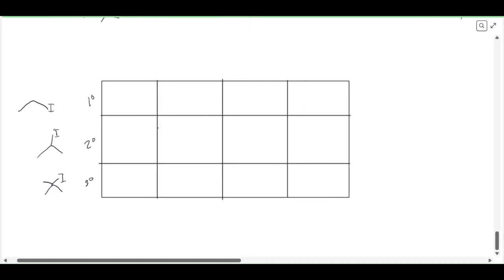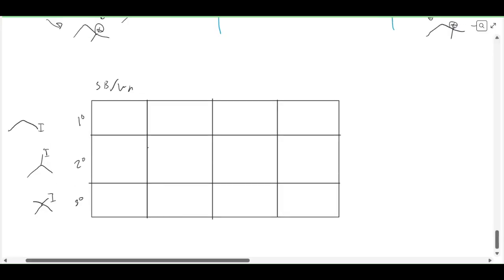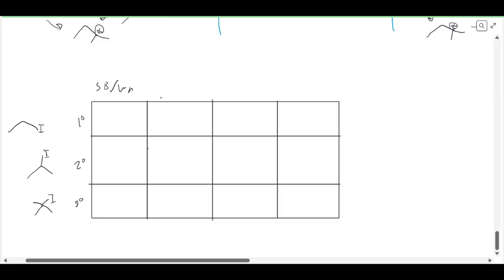And now in terms of what could be done in our reaction, you could have, let's say, a strong base and a weak nucleophile. So this could look something like this, or NaH.